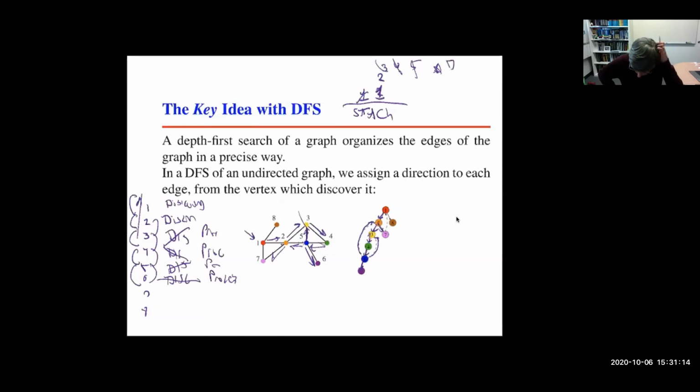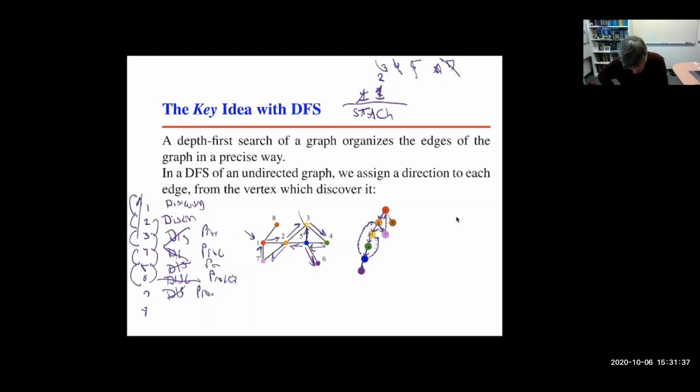7 goes on the stack. Are there any other consequences from 7? From 7 back to 1, that's the back edge here, okay? From 7 to 2, I've already done that edge. I'm now finished with 7. 7 was discovered and now processed.